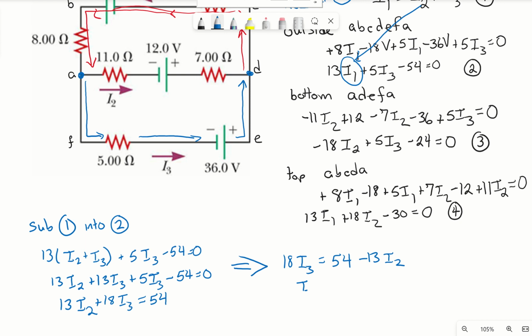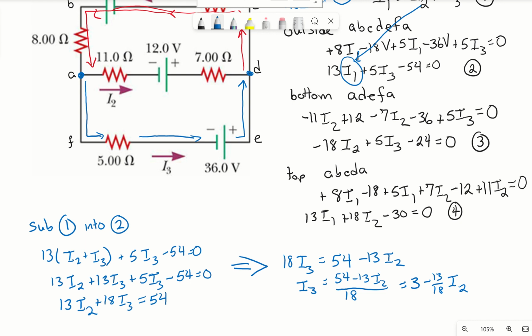All right, so now I'm going to divide by 18. The reason I did it this way is I just knew that 54 divided by 18 was 3, and that was just going to make my equation look a little bit nicer. But you could equally as well do it the other way. All right, so 54 over 18 is 3 minus 13 over 18 I2. All right, so now I've got that equation for I3.